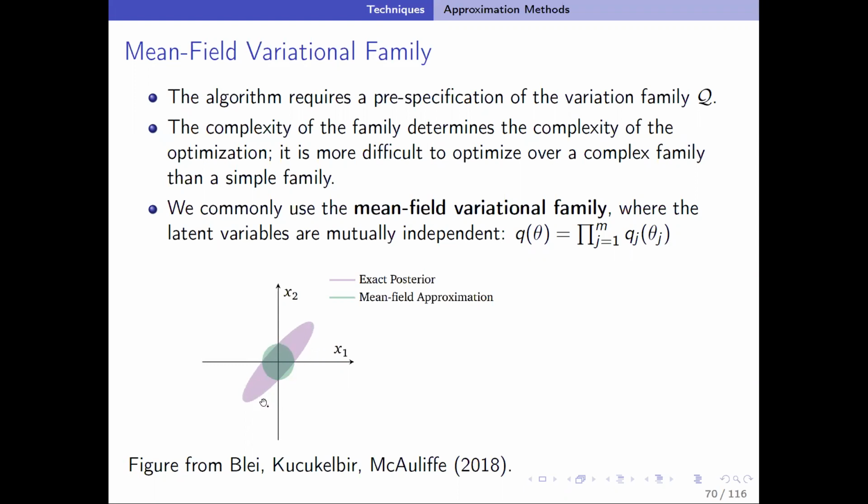All right. And you got this picture. If the exact posterior is this, the mean field approximation is right here. Okay. It certainly doesn't approximate the correlation. It underestimates the standard deviation. From a statistical perspective, a lot of things are wrong, but it gets the mode right, it gets the estimation right.